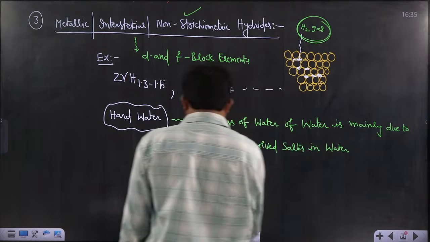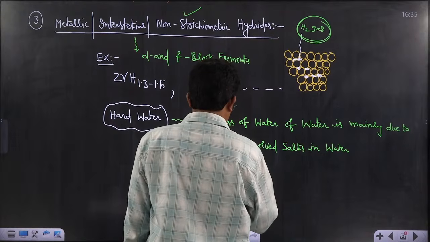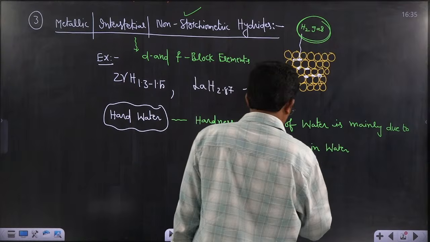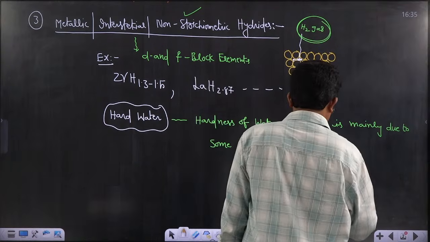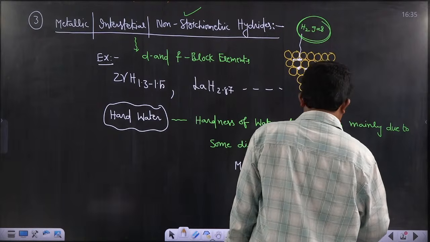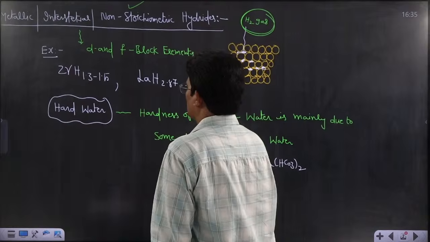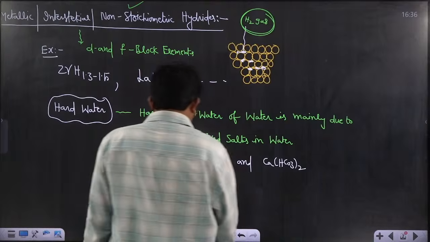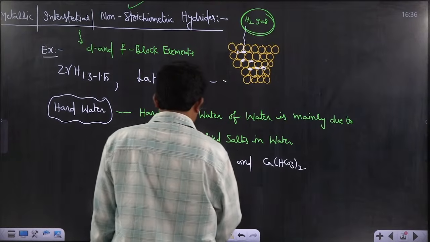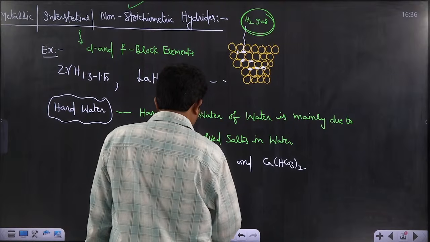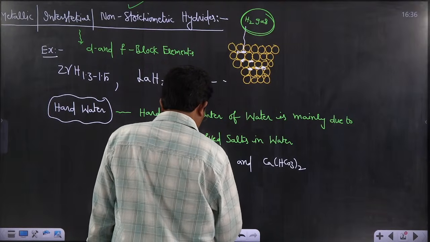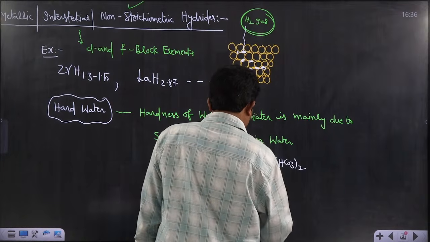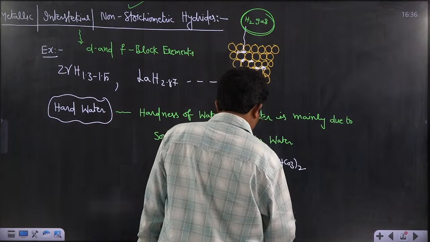They are bicarbonates of calcium and magnesium, chlorides and sulfates of calcium and magnesium, magnesium chloride, magnesium sulfate, calcium chloride and calcium sulfate.